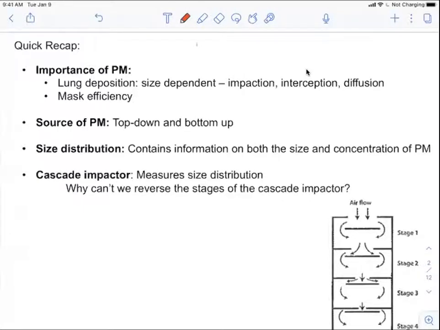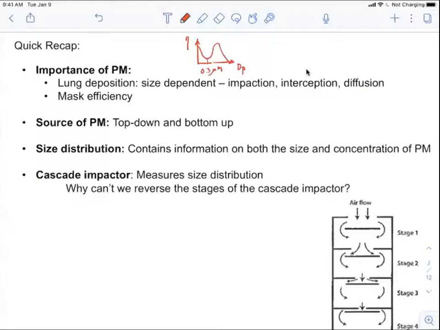There is actually a quite special shape of the deposition curve. It has a U shape, but eventually it's going to drop down. And there are a few specific sizes, and especially the lowest deposition efficiency point is around 0.3 micrometer, okay?